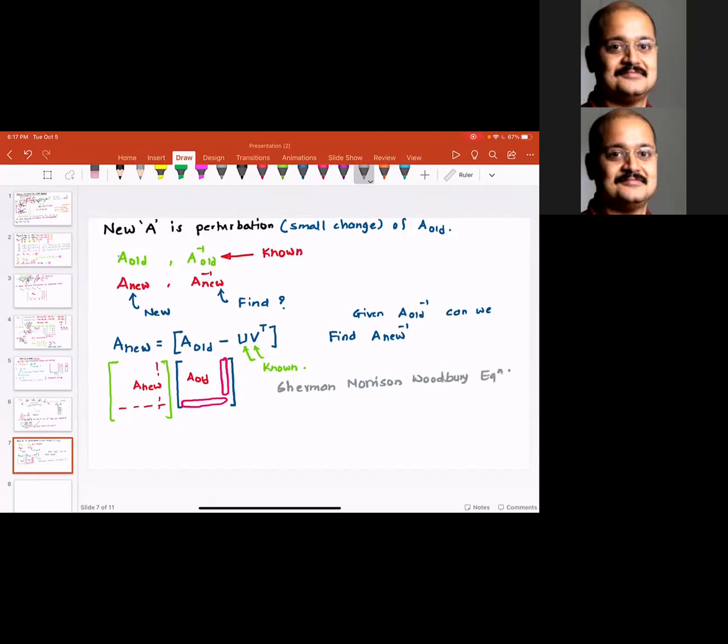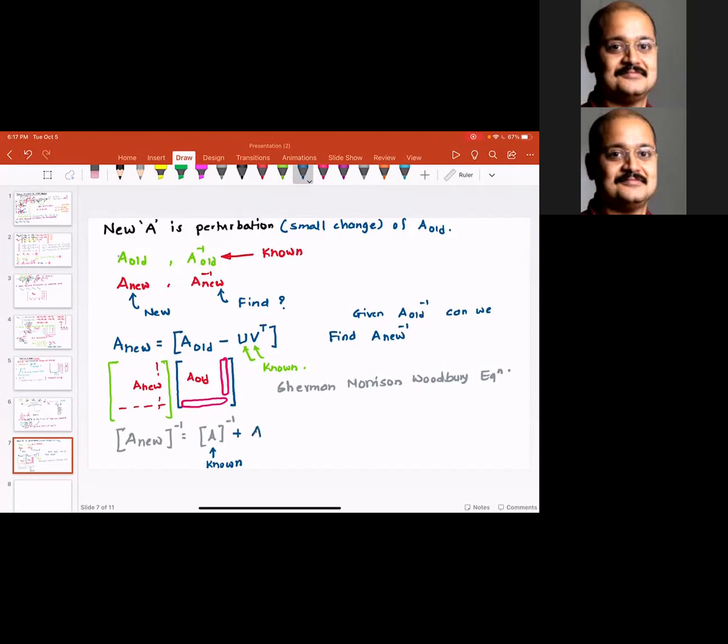And this equation is written something like this: A new inverse is equal to A inverse, and please note, A inverse is known. This is known. We found it from our previous iteration.